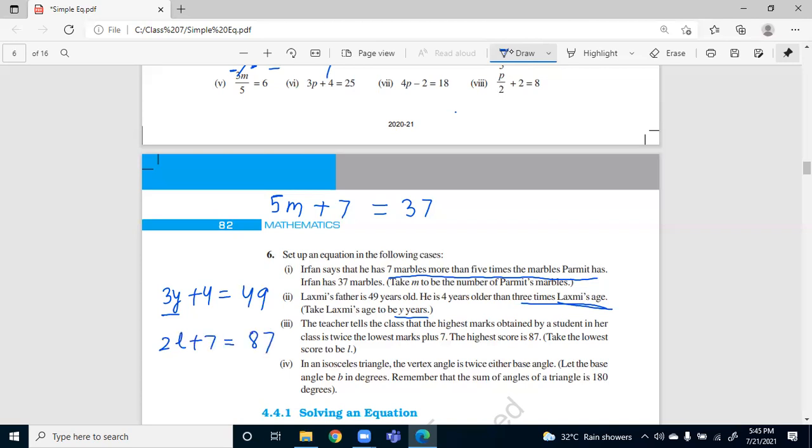The teacher tells the class that the highest mark obtained by a student in her class is twice the lowest marks plus 7, and the highest score is 87. So twice the lowest mark. Twice means 2 times. And which is the lowest marks? Let's say it is L, then 2 into L plus 7 will make the highest score, which is 87. You are correct.